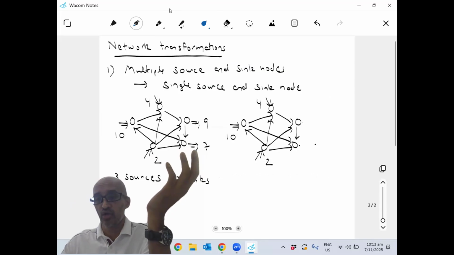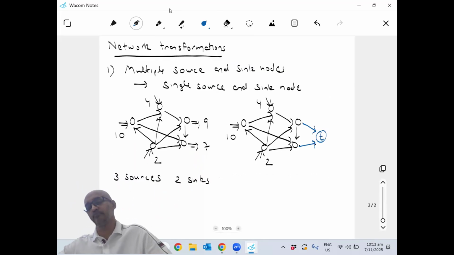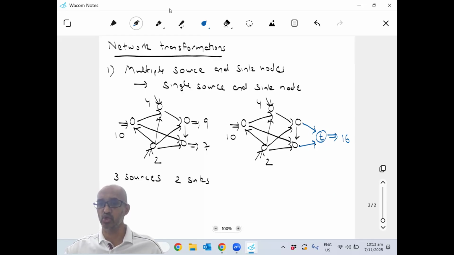For example, I add a new node, let's call this node T. I'm adding 2 new edges to this graph and 1 new node, and I make the flow on this edge 16, so 9 plus 7. And I make the capacities, the u_ij, on these links to be 9 and 7.